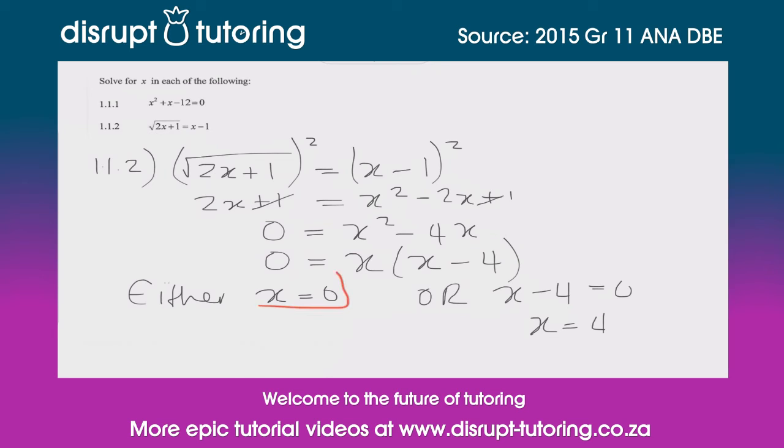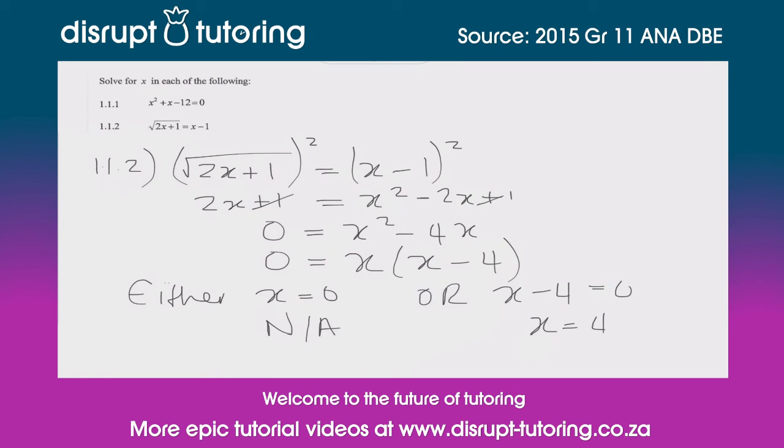So if we put this x equals 0 back into our expression over here, we would have 2 times 0, which is 0 plus 1. That's going to give us the square root of 1, which is going to be 1. So we'll have 1 on the left-hand side. And if we put it in on the right-hand side, we'll have 0 minus 1 is minus 1. So we'll have 1 is equal to minus 1, which makes no sense. Therefore, we can conclude that that solution is not applicable.